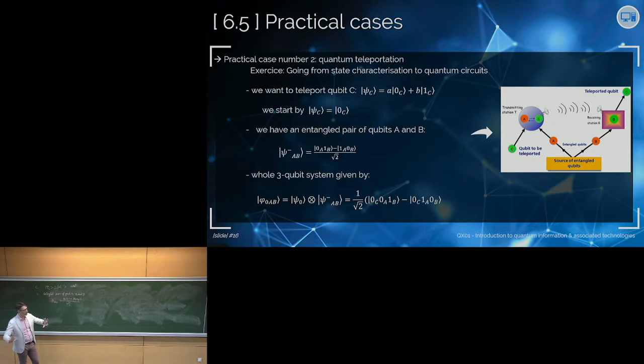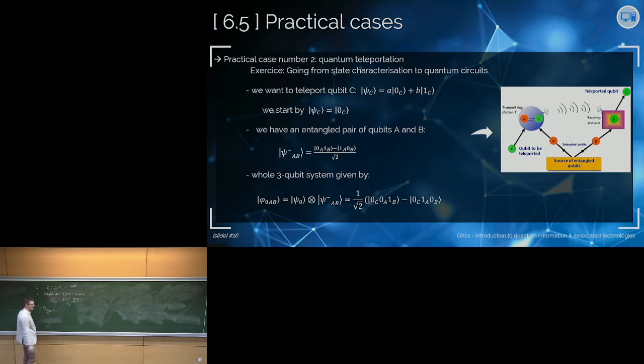So now I've got qubit C, qubit A and B. If I want to put the whole 3 qubit system together, then I have psi of CAB, where I put |0⟩ for C, meaning that C is in the 0 state.